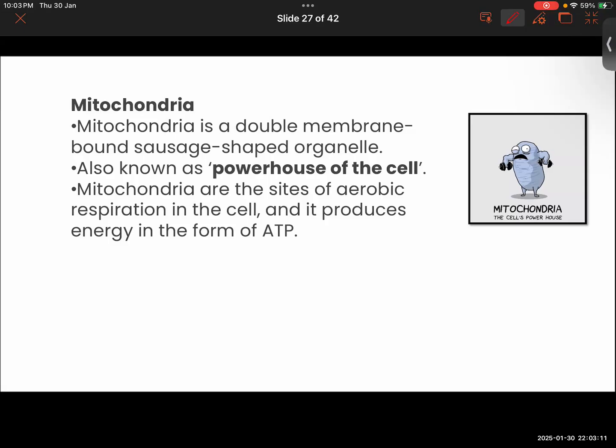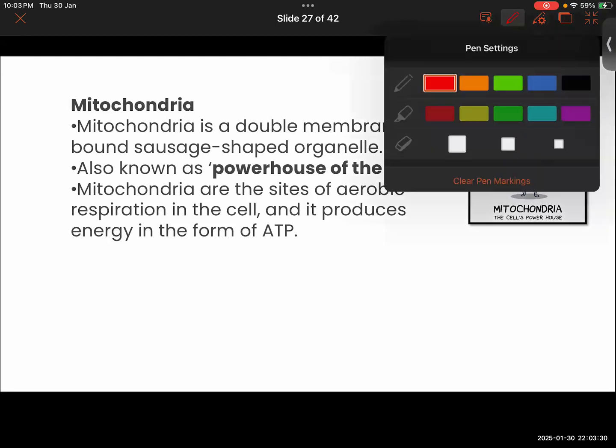Very good. It also helps the cell in getting rid of harmful materials, and helps the cell manage its waste materials. Getting it now, everyone? Yes, sir. So that is the case.